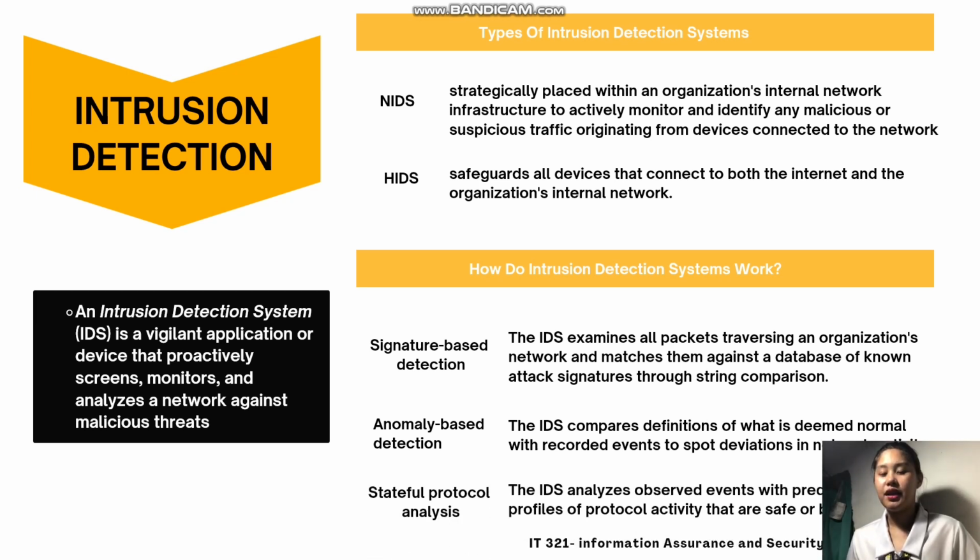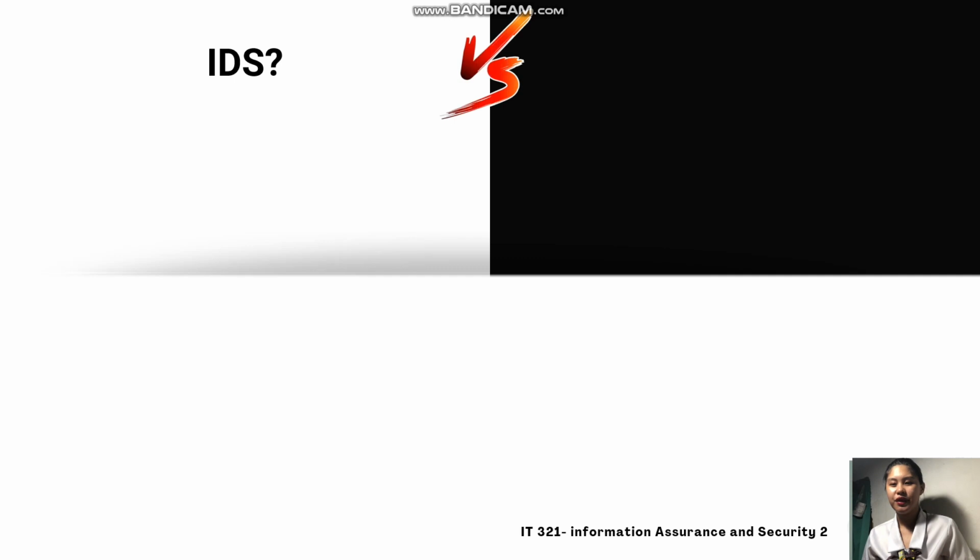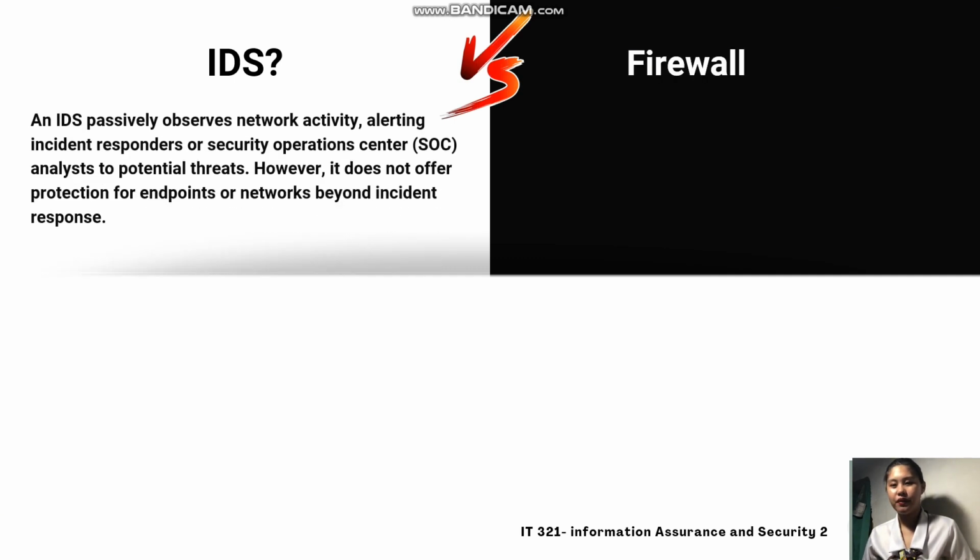Stateful protocol analysis. The IDS analysis observes events within predefined profiles or protocol activity that are safe or benign. IDS versus firewall. An IDS passively observes network activity, alerting incident responders or security operation center analysts to potential threats.